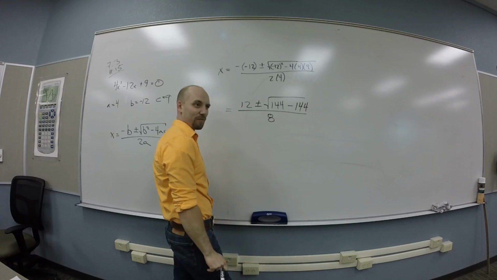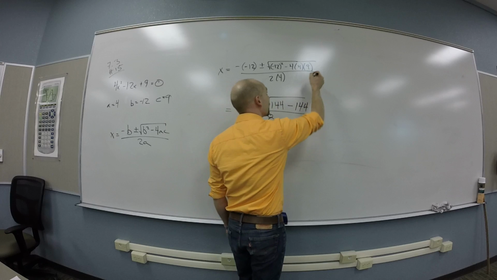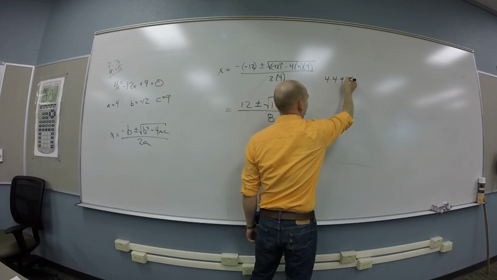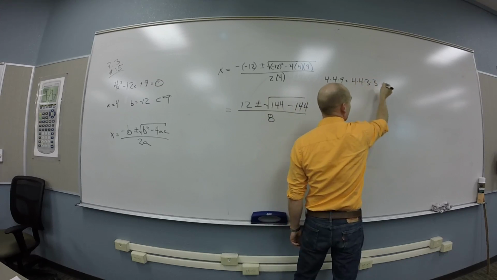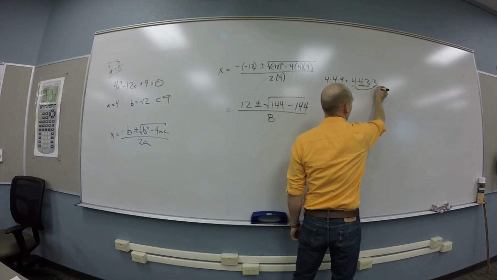How do I know it's 144 without doing this? 4 times 4 times 9 is 4 times 4 times 3 times 3, so you get 12 times 12. A 12 and a 12, right? Yeah.